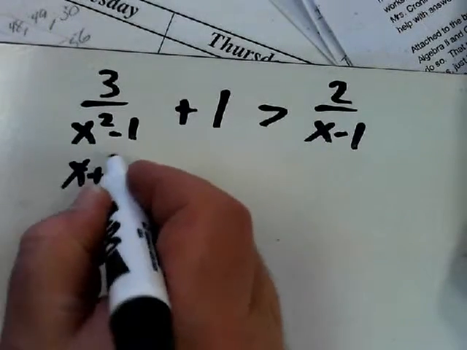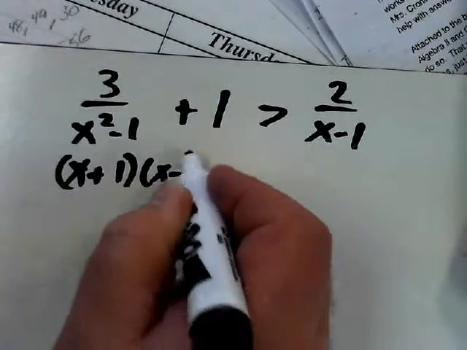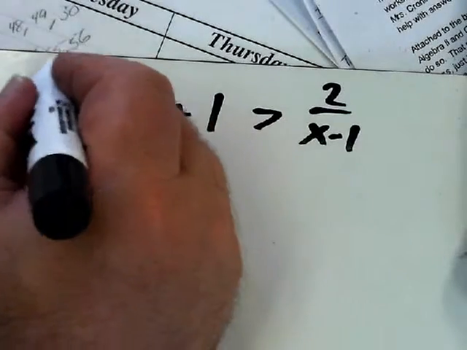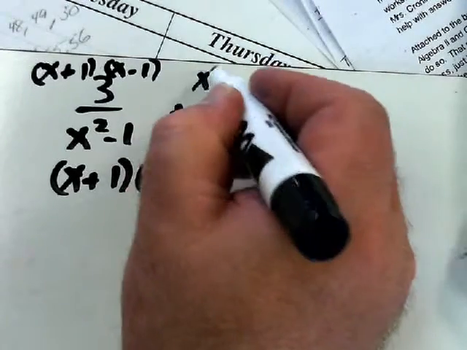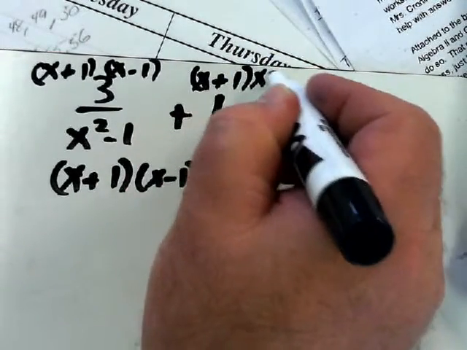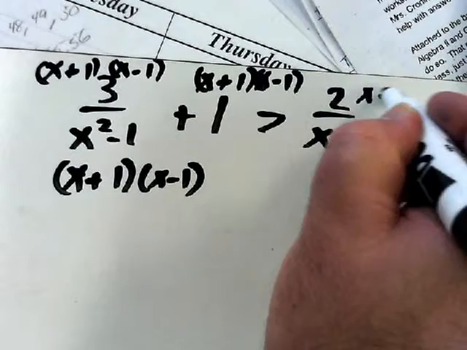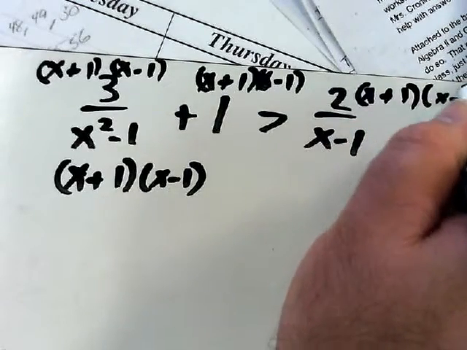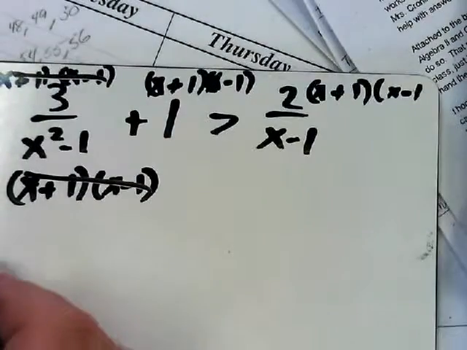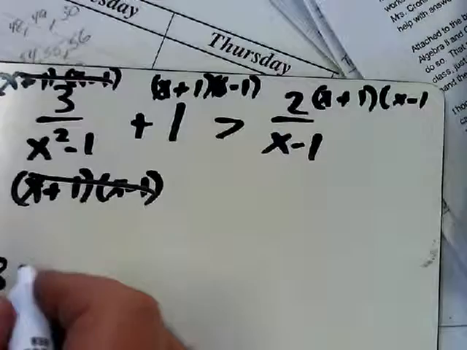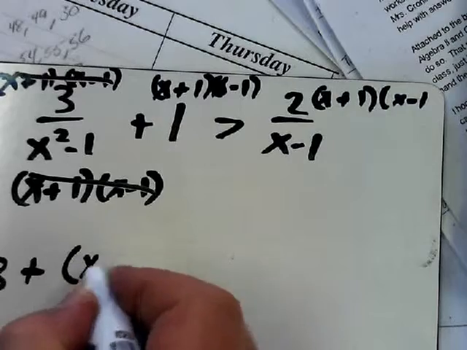X plus 1, x minus 1. So that means x plus 1, x minus 1, x plus 1, x minus 1, x plus 1, x minus 1. Right? All of this cancels all that, so I got a 3. All of this multiplies together, so I have this.